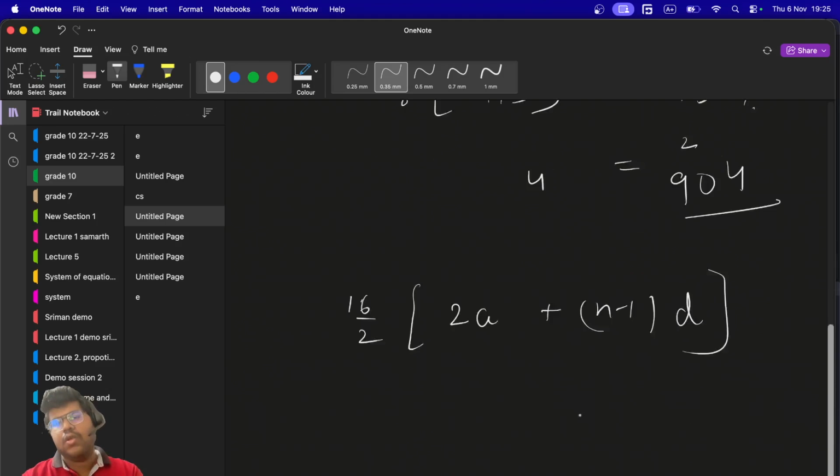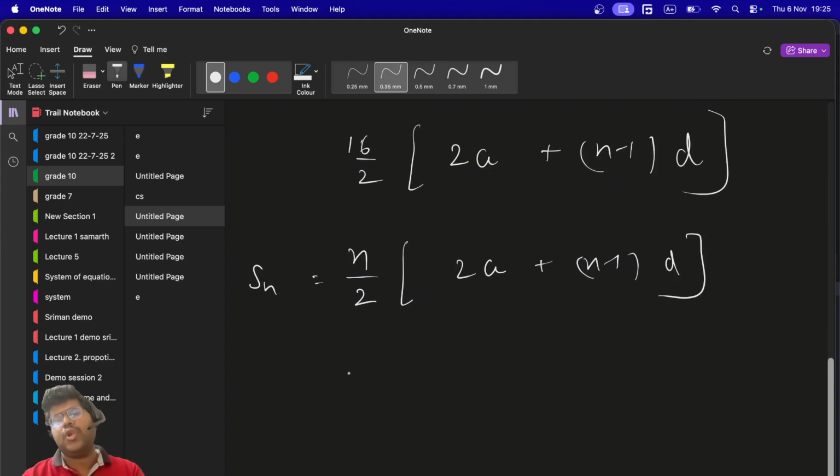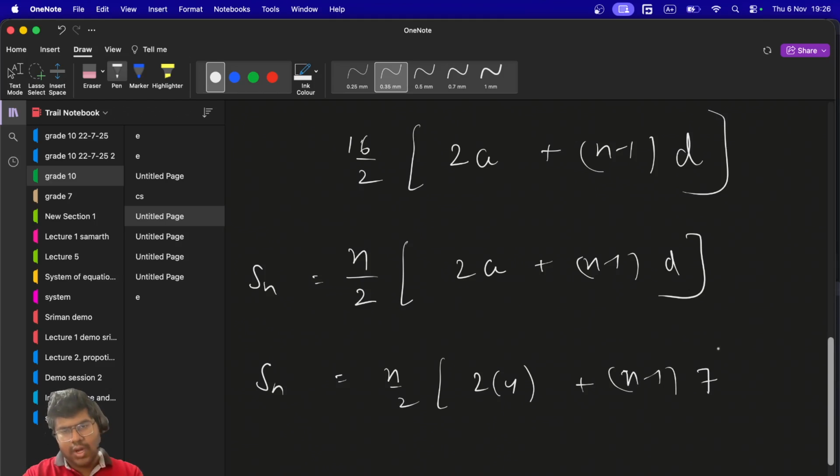Correct? So then instead of finding the n value explicitly, I'm writing n over 2 times 2a plus n minus 1 times d, and then putting all the values except n. So then n over 2, which is 2 times 4 plus n minus 1 times 7, right?